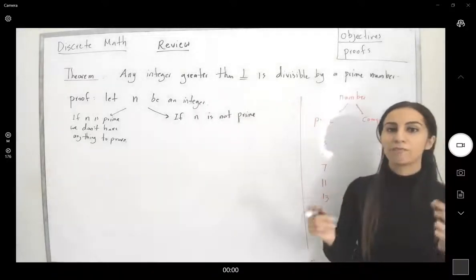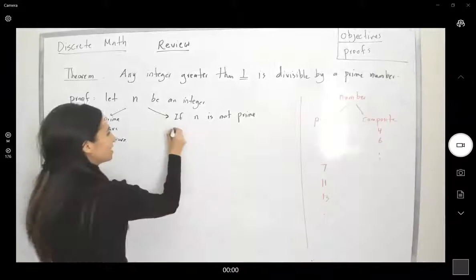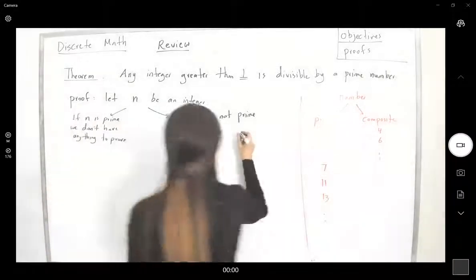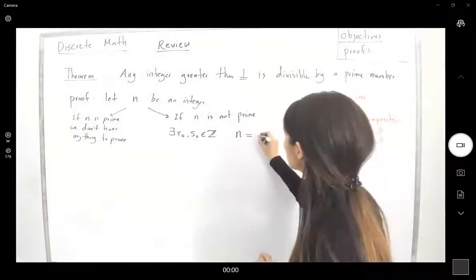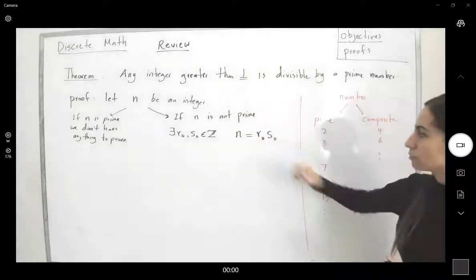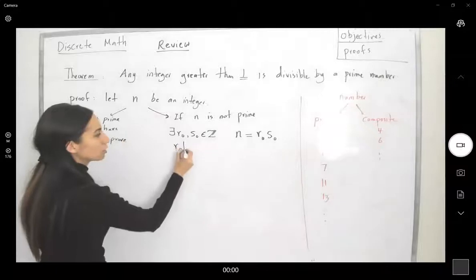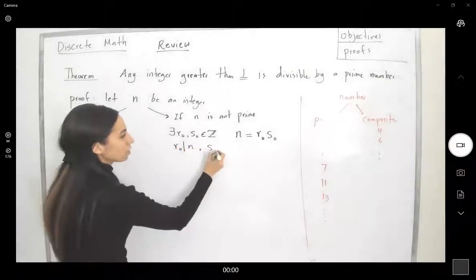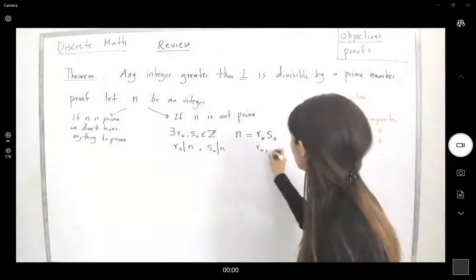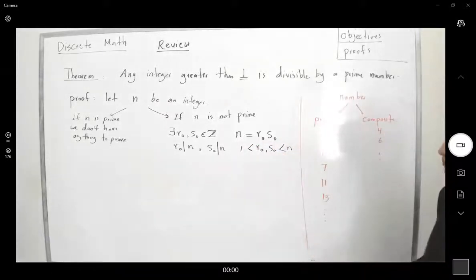It means that you can find at least two numbers, like r sub 0 and s sub 0, such that n is the multiple of those two numbers, r sub 0 s sub 0. At the same time, we know that r sub 0 divides n and s sub 0 divides n, and both of them are in between 1 and n. This is how we define divisibility.